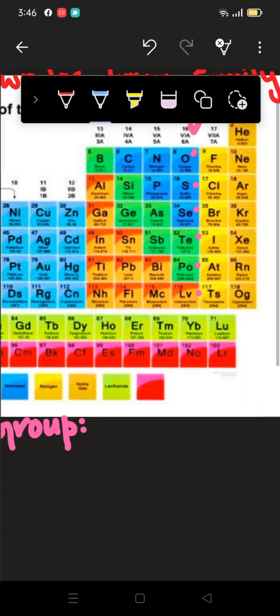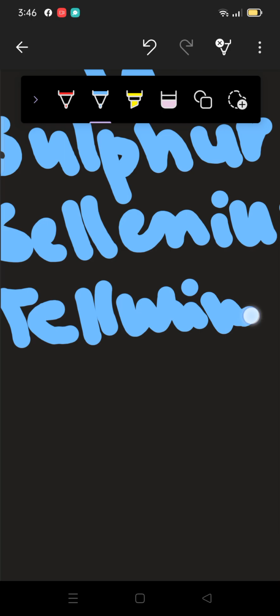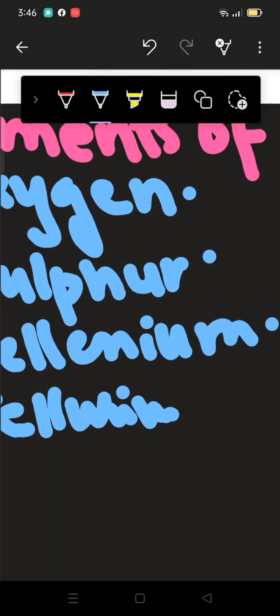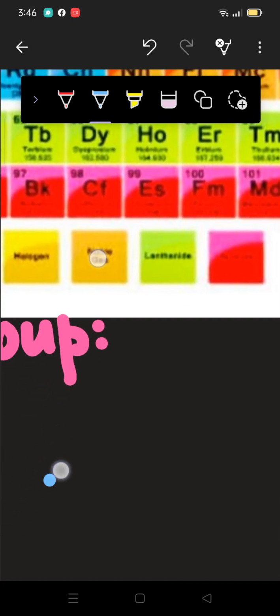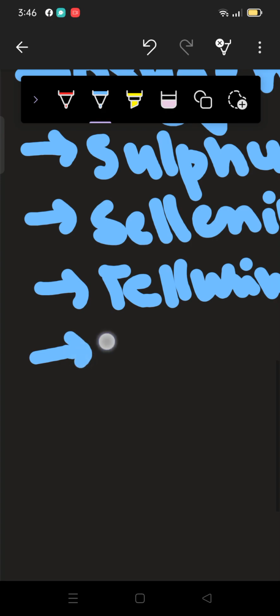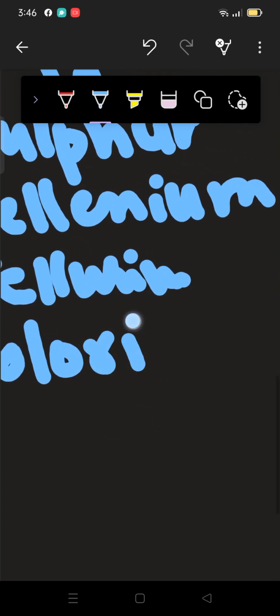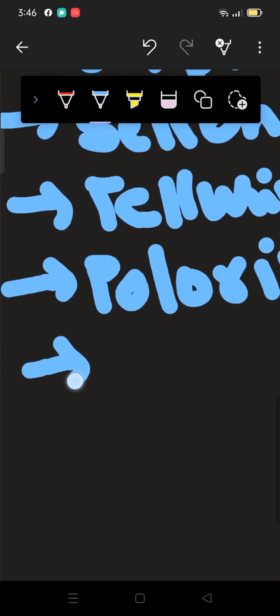Fourth we have, as you can see here, tellurium. Let me write here. Alright, so fifth we have polonium and the last we have livmorium. This is polonium and last we do have livmorium.